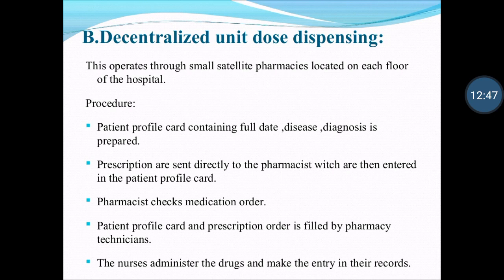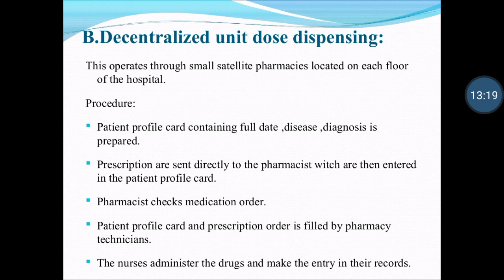Procedure: a patient profile card containing full data and disease diagnosis is prepared. On every floor, for every patient, the requirement is prepared in a profile card. The prescription is sent directly to the pharmacy, where it is entered into the patient profile card. When the prescription is given to the pharmacist, it should be entered into the computer in the individual patient's file. The pharmacy checks the medication order, whether the medication is available or not.